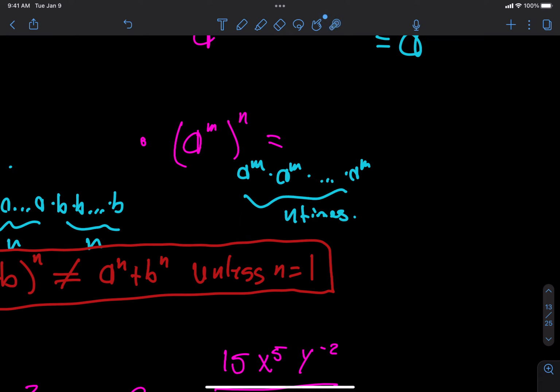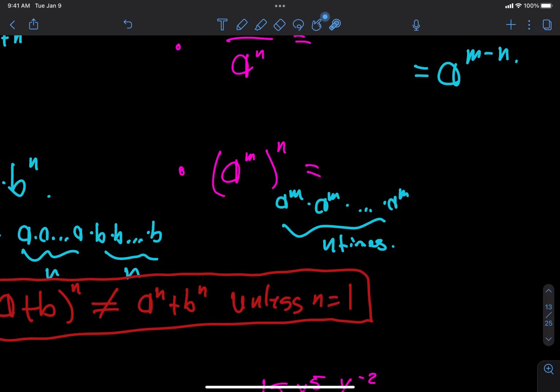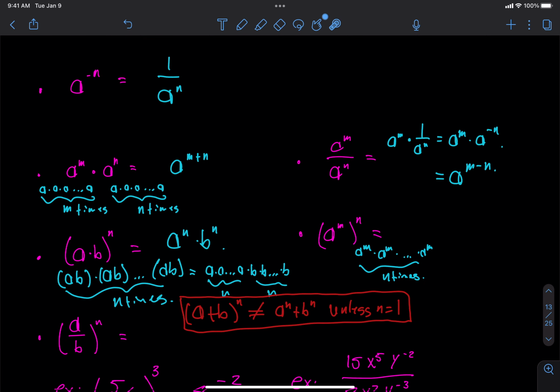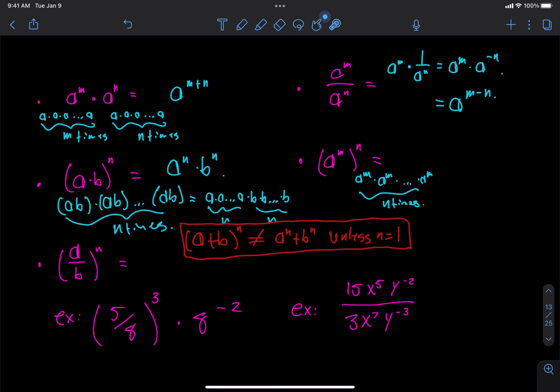And then each of these, we can use the product rule, which says that we're going to add the powers when we're multiplying like so. So we add these powers, m plus m plus m plus m, n times. Adding m to itself n times is the same thing as multiplying m times n. That's all multiplication is. It's repeated addition, right? So we're going to get a to the m times n in this case.